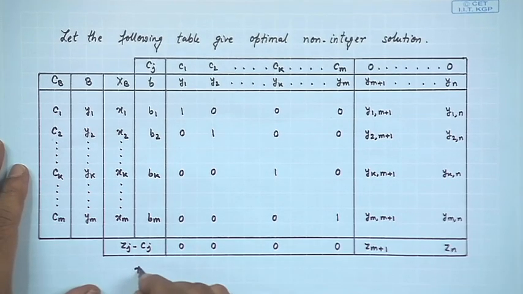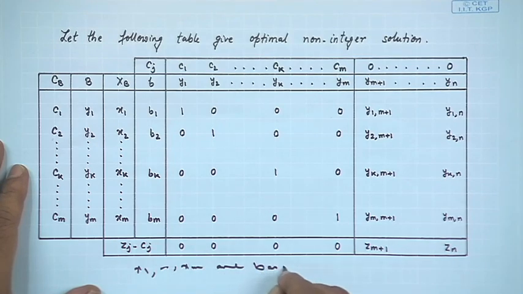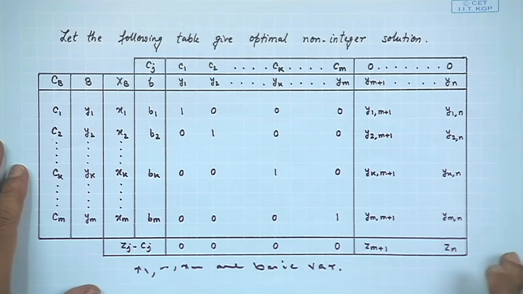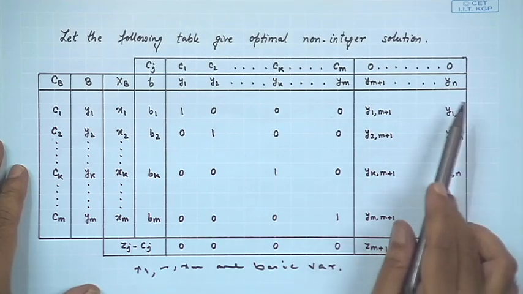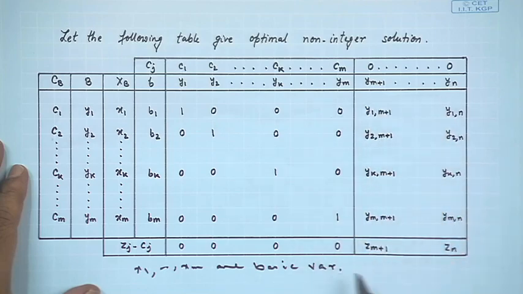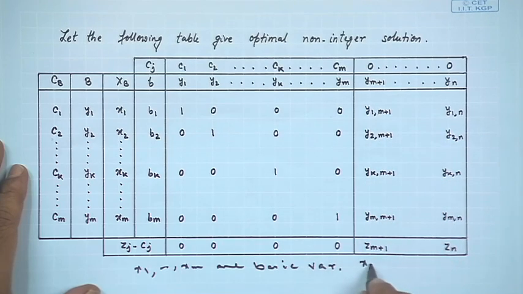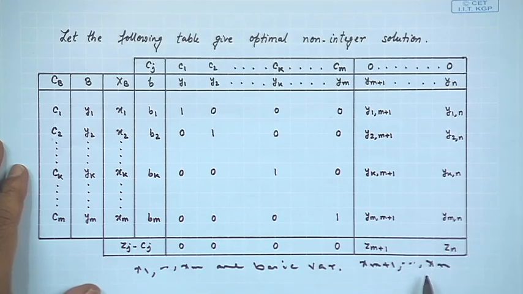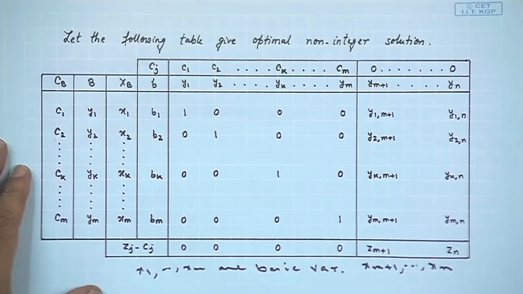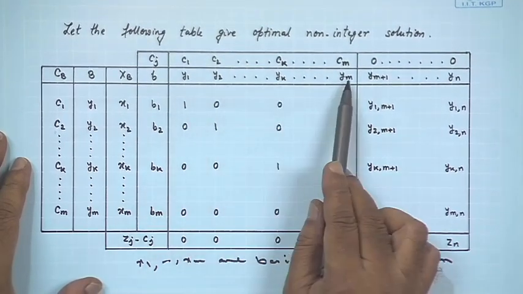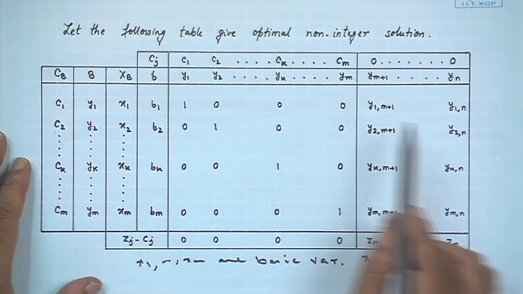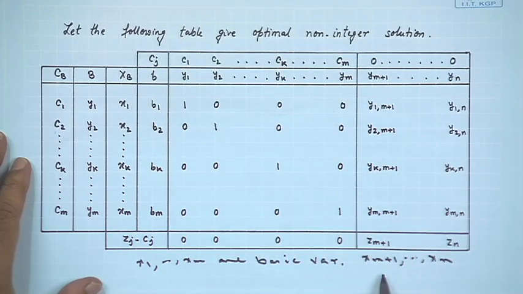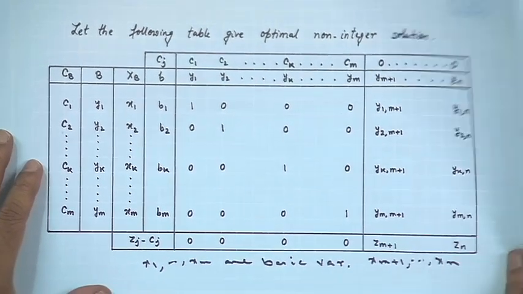Please note this one. Here x1 to xm are basic variables, and the remaining n minus m variables, that is xm plus 1 to xn, are non-basic variables. So, you are assuming that you have the basic variables x1 to xm and the remaining n minus m variables, xm plus 1 to xn, are non-basic variables.